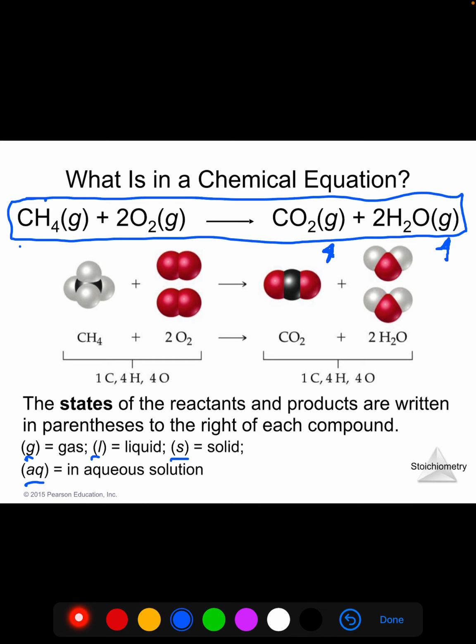Sol gels or non-Newtonian solids or different things that you can define. I'm trying to think of some of the other ones that we have out there that do not fall into that. But for our purposes and in our world, 99% and greater of all the compounds and substances we encounter are going to be solid, liquid, or gas.